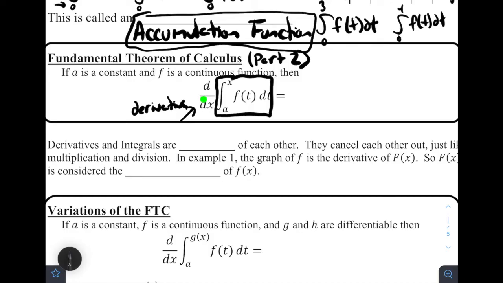So we're taking the derivative of this thing that is the area. Interestingly enough, it actually is going to give us just f of x, lowercase f of x. What essentially happens is that the derivative and the integral cancel each other out. And I took that upper limit of integration and plugged that in for my t here.